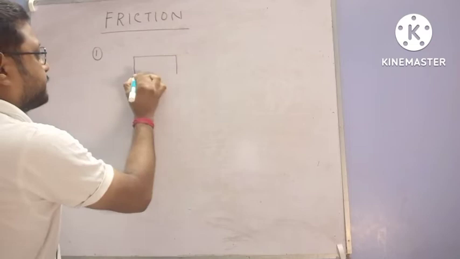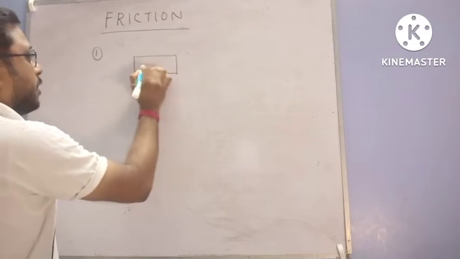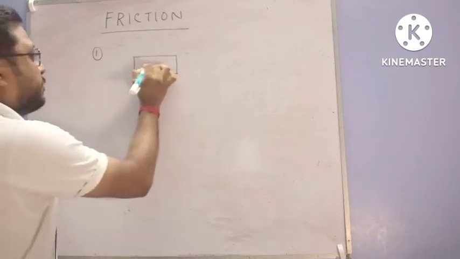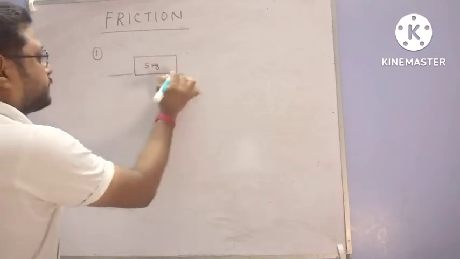A block A of mass 5 kg is placed on the ground.